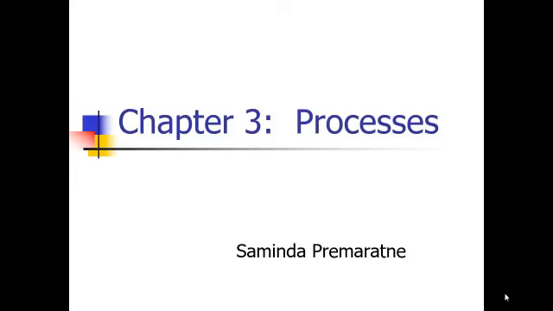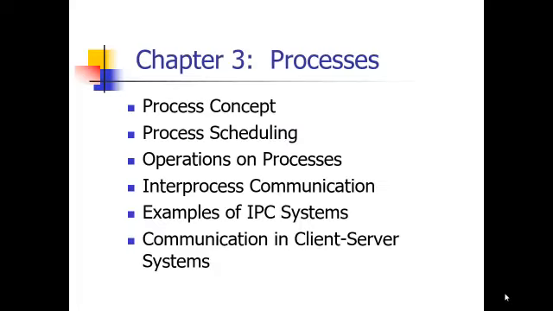So processes have to be managed efficiently and effectively in order to quickly respond to the user's requests or preferences, and also without crashing the system. The operating system should run all the necessary processes and facilitate the users. So these are the topics that we will cover in this chapter.